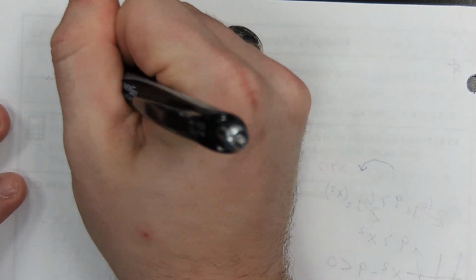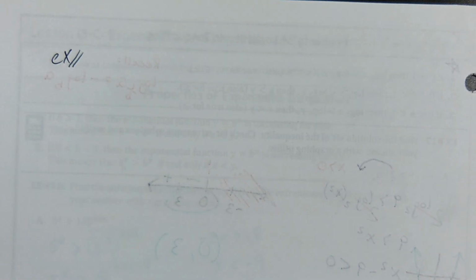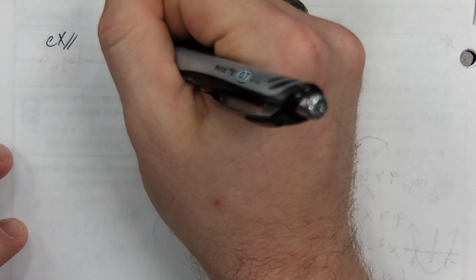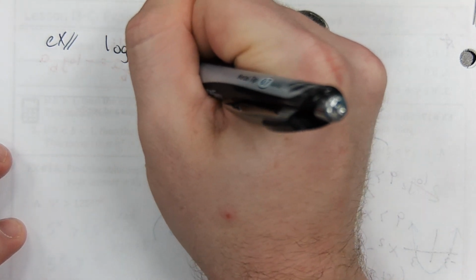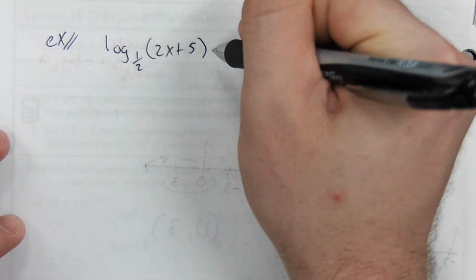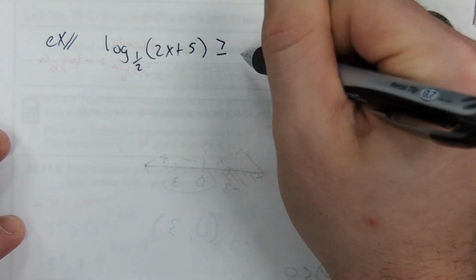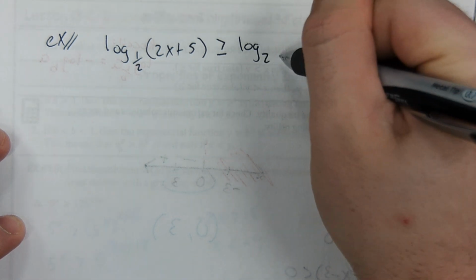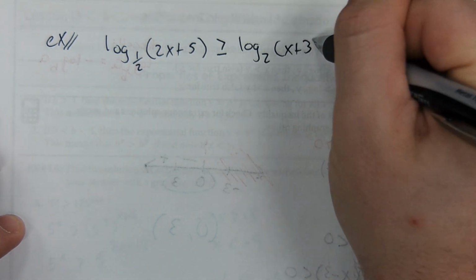Let's pop over to the back and let's make a challenging example. We are going to solve this logarithmic inequality: log base 1/2 of 2x plus 5 is greater than or equal to log base 2 of x plus 3.